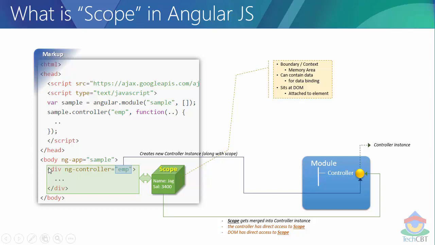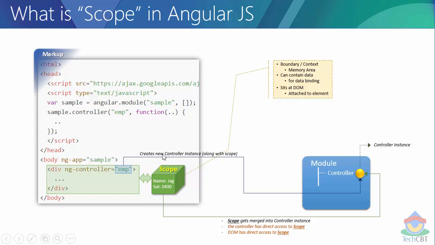Whenever AngularJS sees a particular template which is decorated with the ngController directive, it finds the name of the controller. Prior to that, it creates the scope object and then the controller instance.